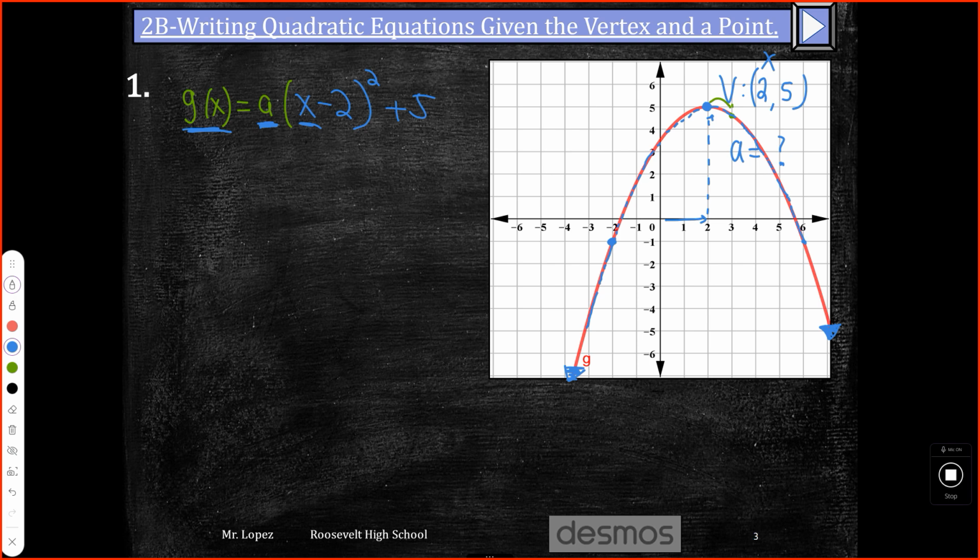So let me go ahead and use this point here. So this point is x is 6, y is -1. Because that is a point on the parabola. So this is x and this is y, where y is g of x. So I'm going to plug in 6 for x.